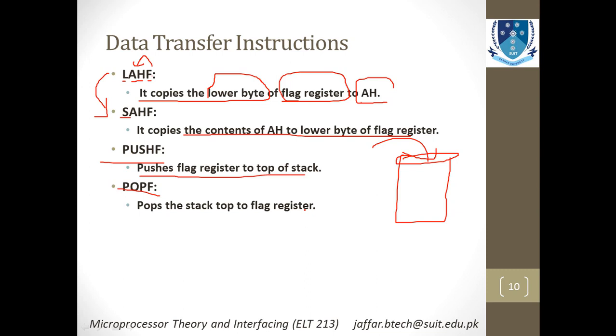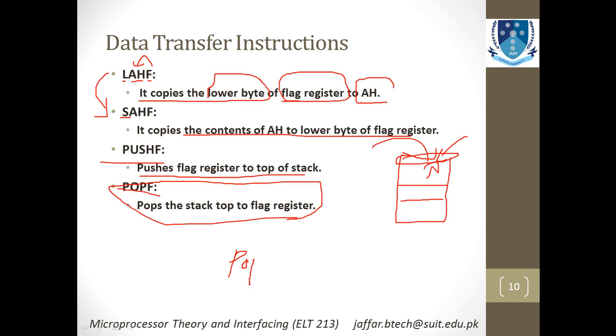But keep in mind that it will only work if the flag register is on the top of the stack. If it is somewhere in the middle, you have to take all the elements out that are above it, and you can do that easily by using pop, not POPF, only pop.